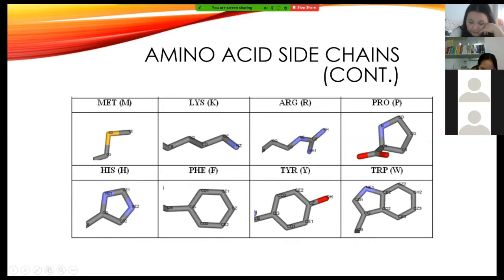So they pair with the negative charge, the red tips. And if it has a 6-membered ring, it is an aromatic amino acid. So phenylalanine, tyrosine, and tryptophan are used by chymotrypsin to recognize large hydrophobic amino acids in the pocket, for example.